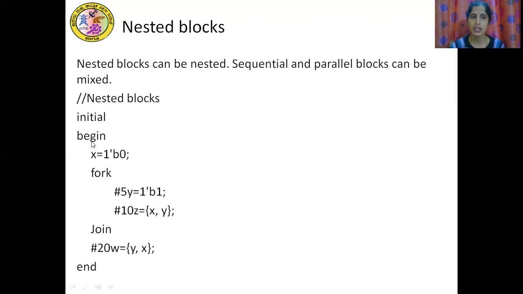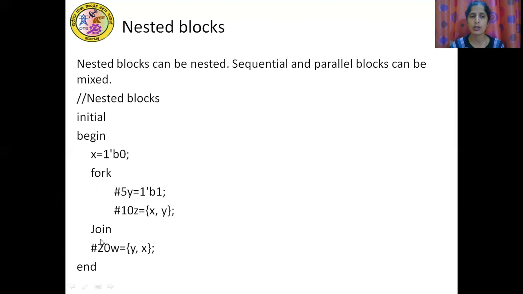Let us see an example here. Here we have a set of statements written within initial. Begin represents the sequential block. Within begin, we have written a statement x is equal to 1-bit binary 0, within which we have nested a parallel block where we have written two statements within fork and join.